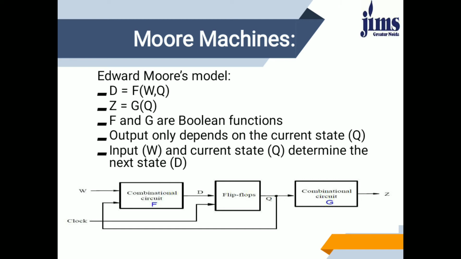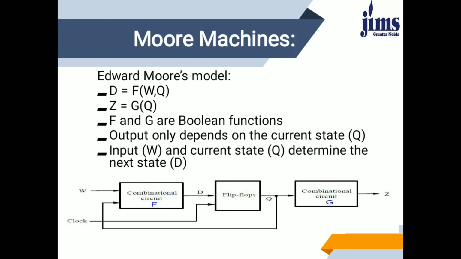Input and current state determine the next state. So here you can see that the input is W, the current state is Q, and the next state is D. Now, with the help of a block diagram, we can define Moore machines.